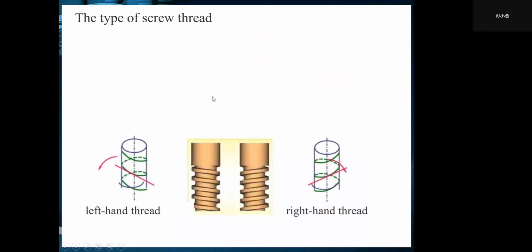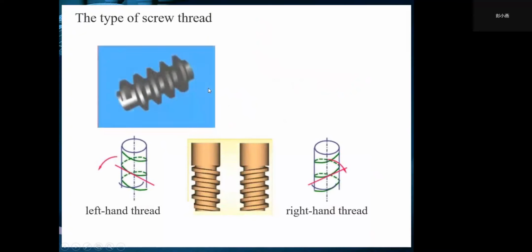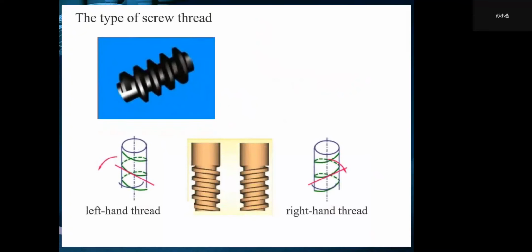And according to the direction of the helical line, the screw thread can be divided into right-handed and left-handed thread. Threads are usually made right-handed.